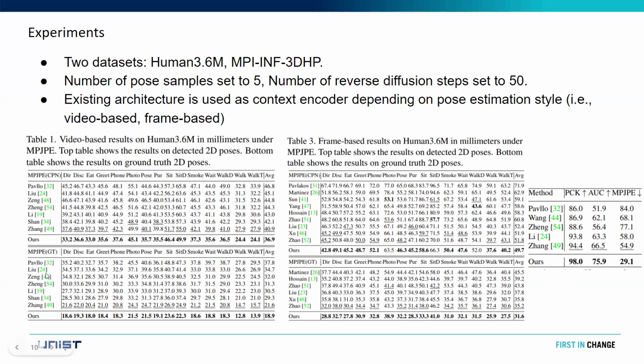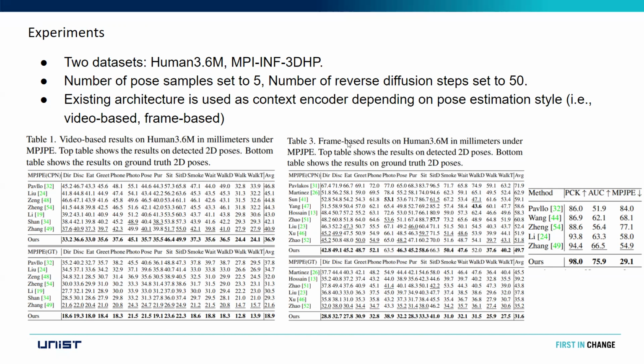And the bottom one is the one that uses ground truth 2D poses. So they don't use a 2D pose detector, they just use ground truth 2D poses, and as you can see, results are still better. On average, it decreased the error by 4 millimeters.